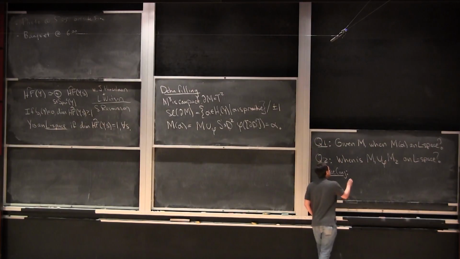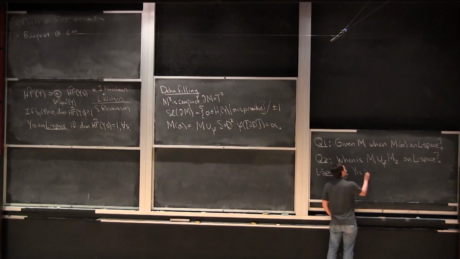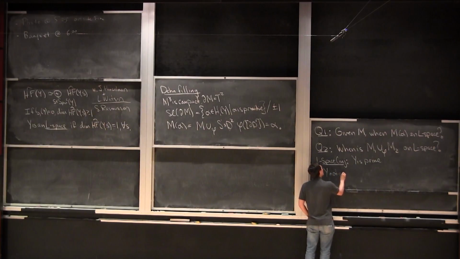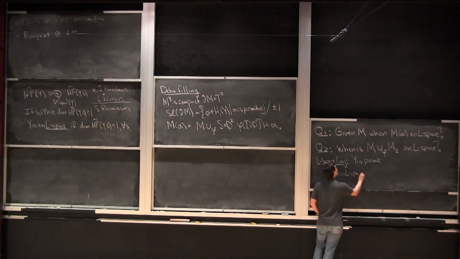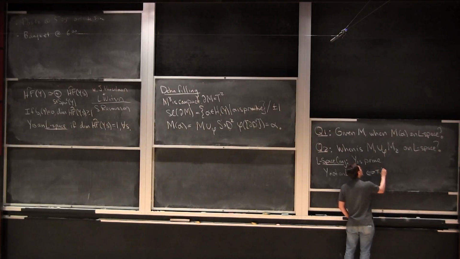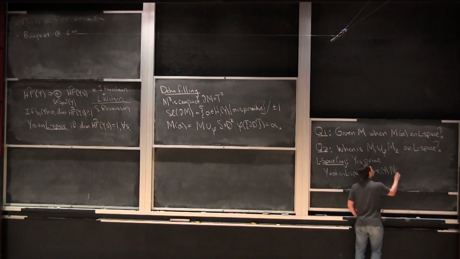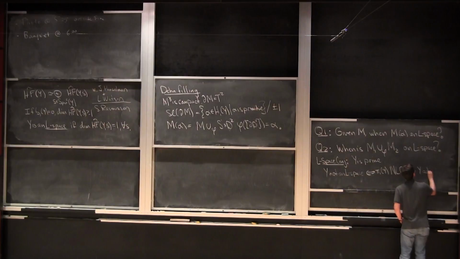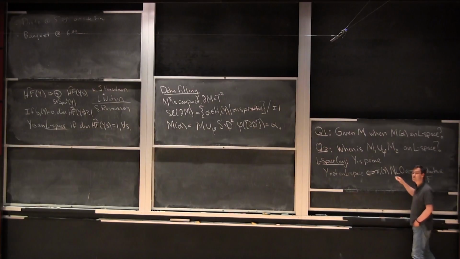And what the conjecture says is that if Y is prime, then Y not being an L space is equivalent to pi_1 of Y being non-left-orderable, which is equivalent to Y admitting a foliation. Okay, this is a very interesting conjecture.